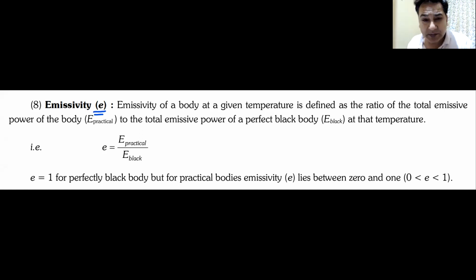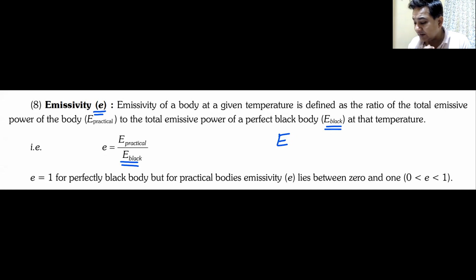What was denoted by capital E? We have seen this capital E. You can see capital E here as well. Yes, capital E was emissive power. And this is small e.